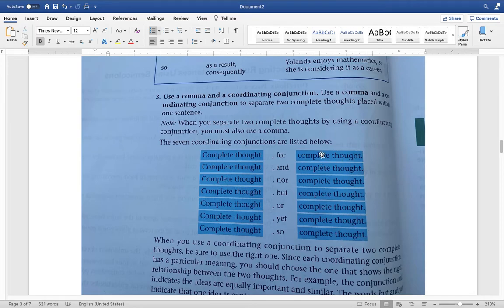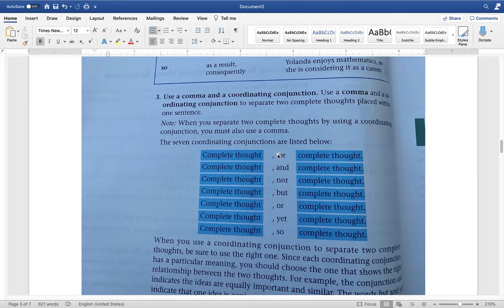And this reinforces what I tried to emphasize in the Chapter 4 video, which is when you use a coordinating conjunction or a subordinating conjunction, try to see that as a red flag, not a red flag in a bad way, but as okay, I think I'm using a coordinating conjunction or a subordinating conjunction.